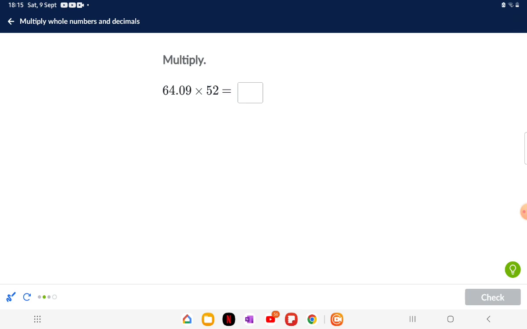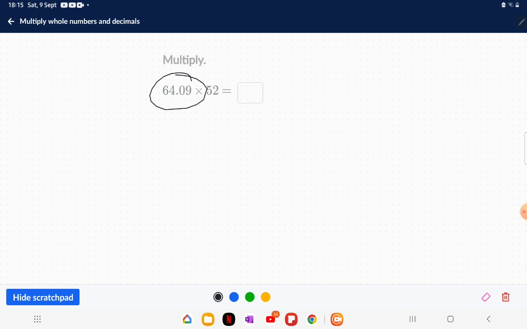64.09 multiplied by 52. Okay, so we are going to convert 64.09 into tenths or hundredths. Because we have a hundredth here, we will convert 64.09 into hundredths. And how do we do that? We multiply with 100 and divide by 100, and the decimal jumps 2 places.